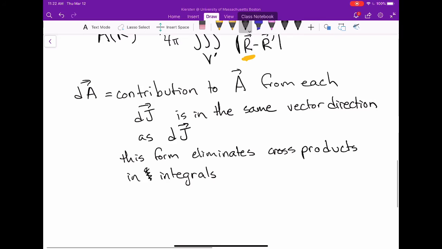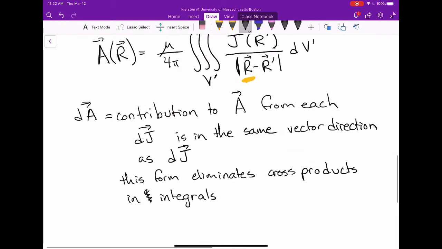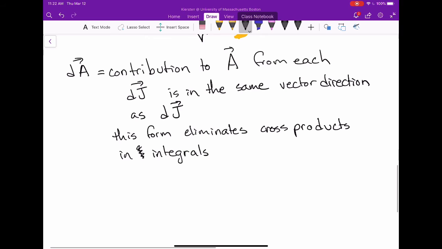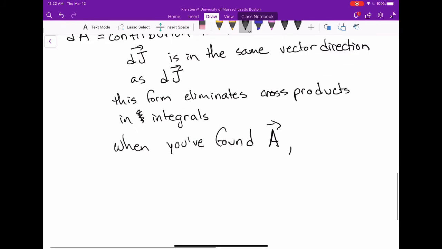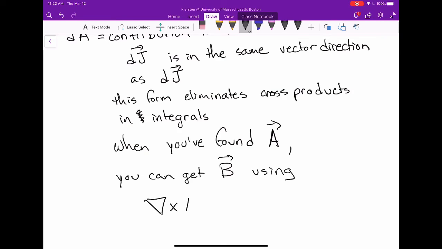Then at the end, when you found whatever A is, the vector magnetic potential, you can get the magnetic flux density using the fact that the magnetic flux density is just the curl of A. So your life becomes a lot easier in general because you have done that.